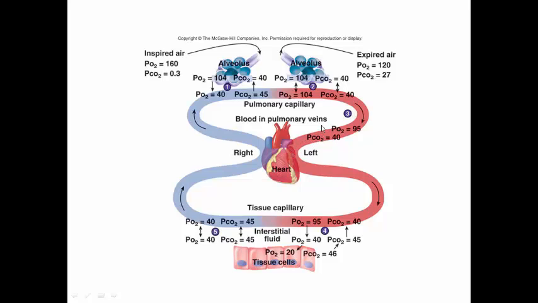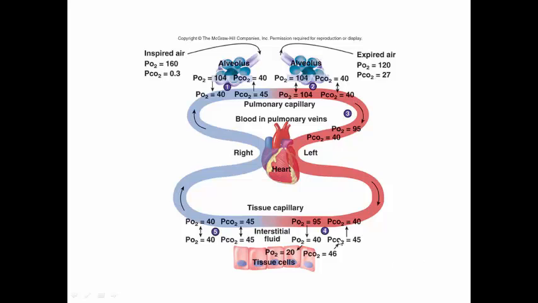Now what you have noticed is that the partial pressure of carbon dioxide is the same as the partial pressure of carbon dioxide in the blood which has just left the lungs. However, the partial pressure of oxygen in the arterial blood has dropped a bit. It was 104 or 105, now it is 95 millimeters of mercury. And we will explain this in the subsequent slides.